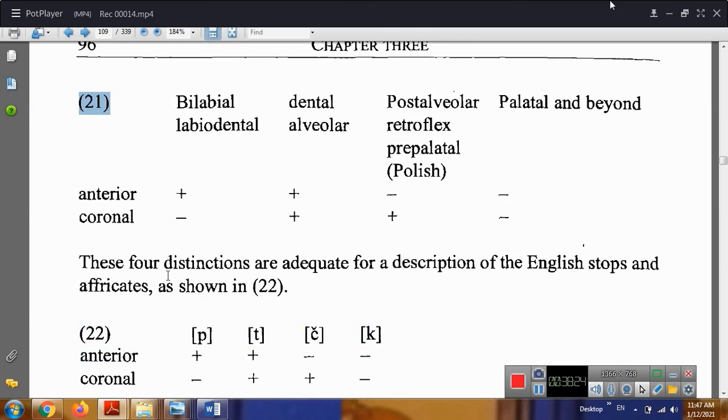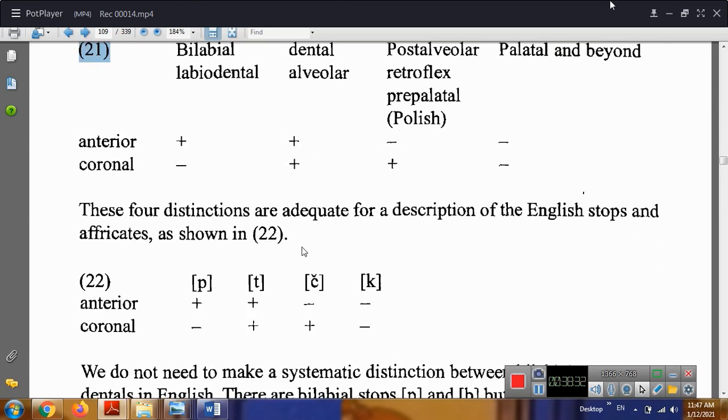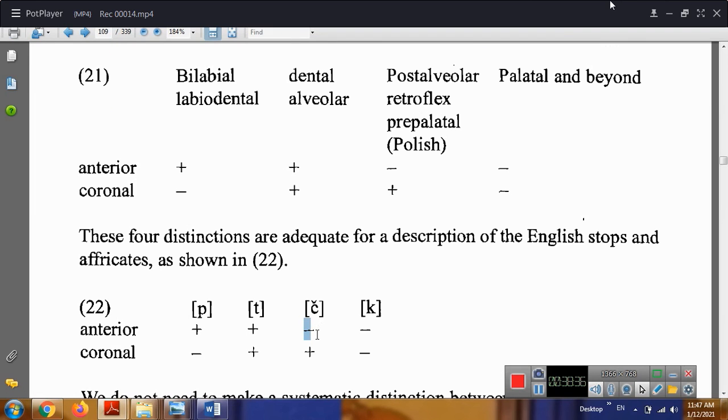Pay attention, you should memorize the feature here. T is plus anterior because T is an alveolar sound, and Ch is minus anterior because we produce it by the post-alveolar. K is palatal and beyond palatal, and we consider it minus anterior.